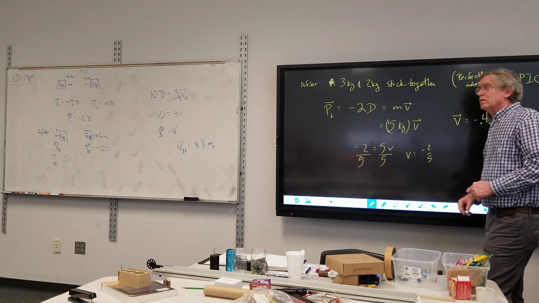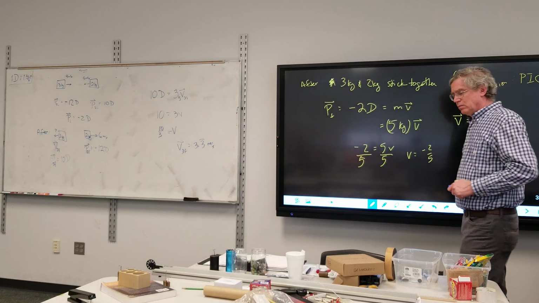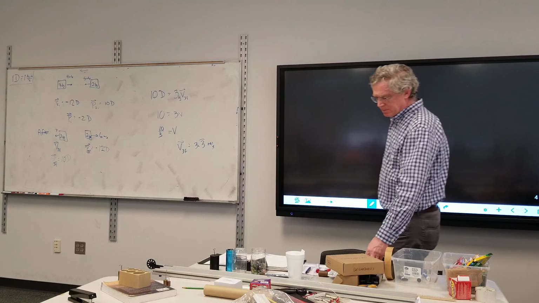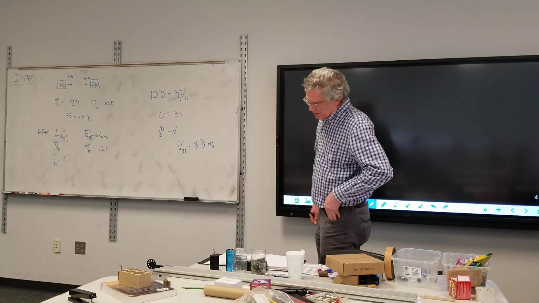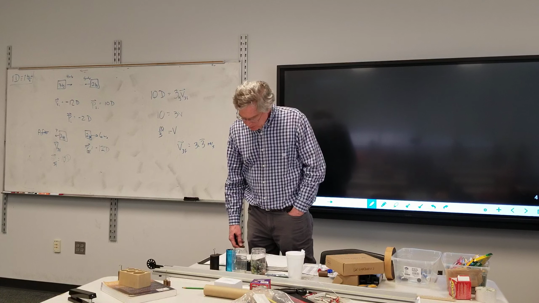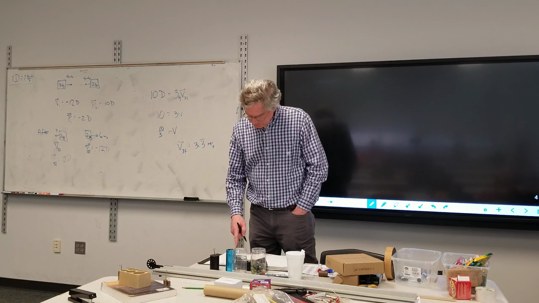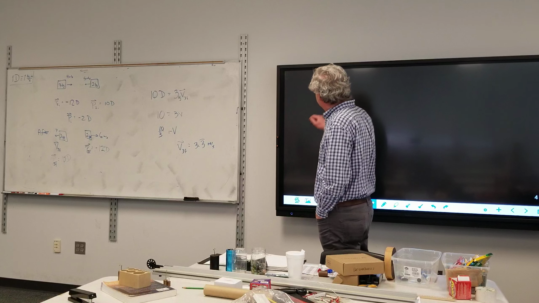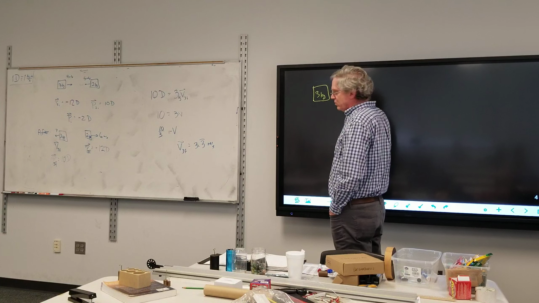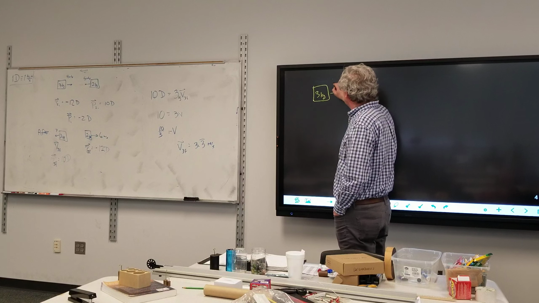All right, I'm going to do one more, then we'll talk about lab. Let's see. Yeah, we'll do this one. 3 kilogram mass heading to the right at 4 meters per second.